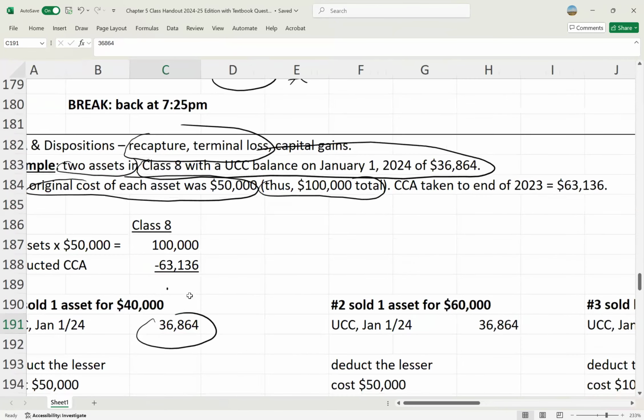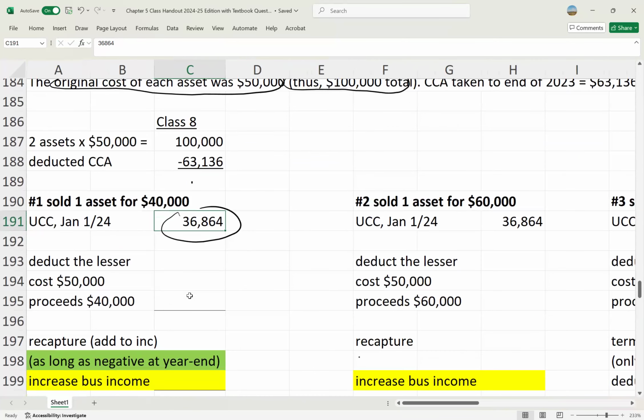In this first column here, in 2024, we sell one of the assets for 40,000. Remember we said that whenever we sell an asset, we have to deduct the lesser of cost or proceeds. The cost of the one asset that we sold was 50, proceeds was 40, so the lesser is 40.